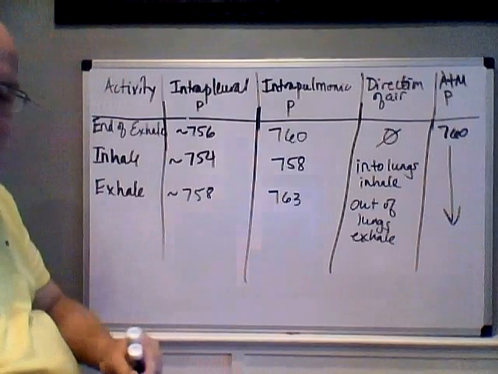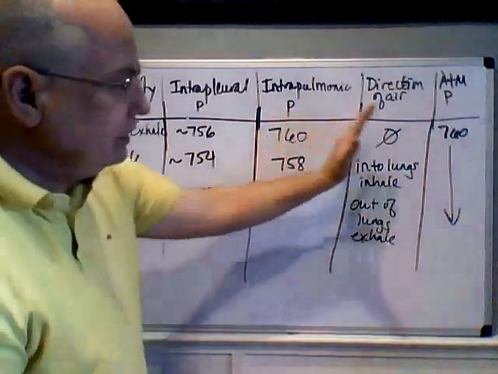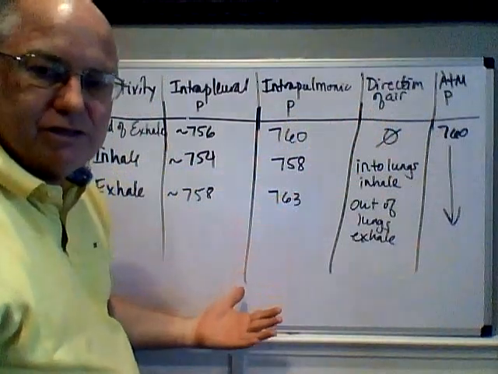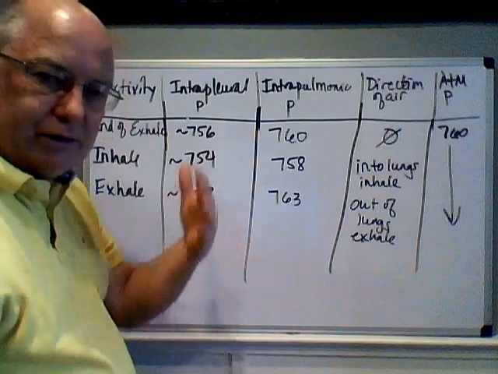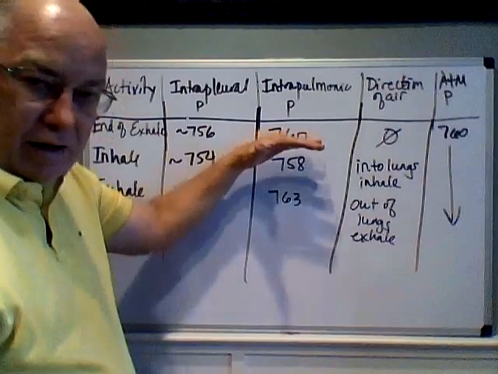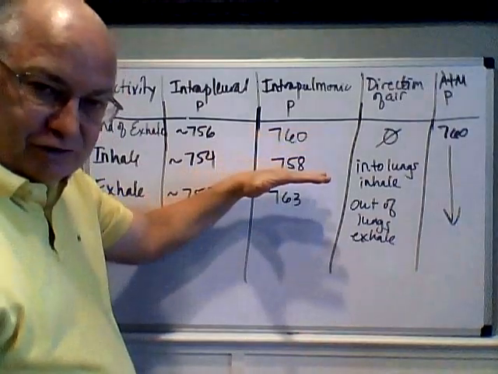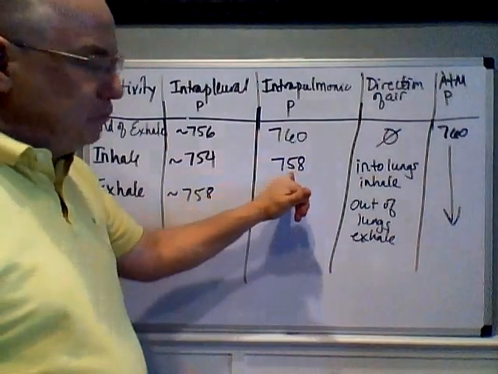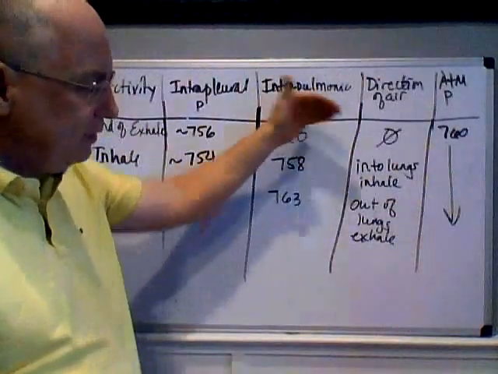So ultimately, there's a couple of things you should pay attention to. The intrapulmonic pressure, if it's equal to atmospheric, air cannot move into or out of your lungs. That's what happens when someone's dead and they stop respiring or stop inhaling and exhaling. The pressures become equivalent and no air moves in or out. When we're alive, when the external intercostal muscles and the diaphragm contract, the volume of the thorax increases, the pressure drops below atmospheric pressure and it pulls air into the lungs or air falls into the lungs.